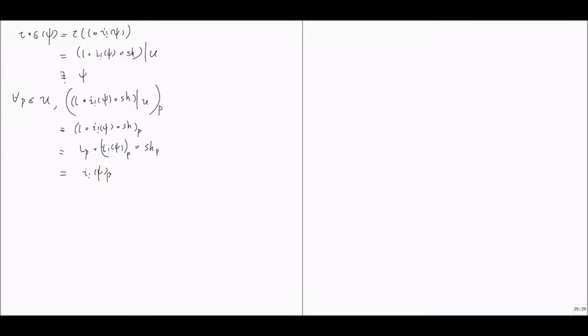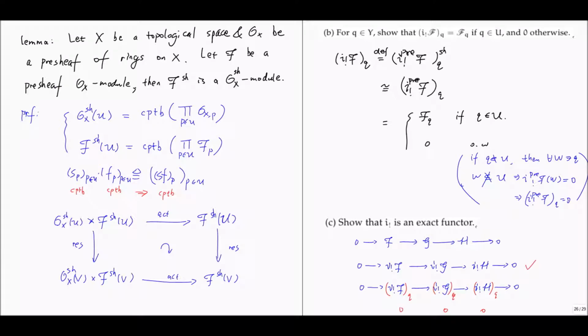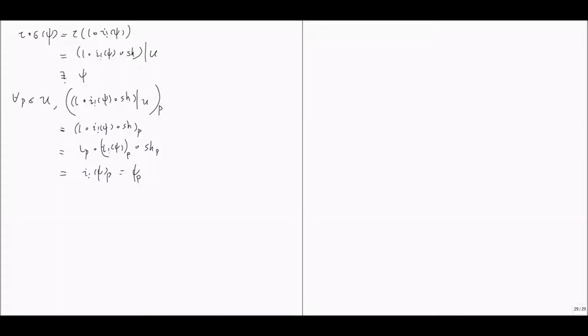But the middle term is equal to psi sub P, because when P is in U, the stalk of a shriek of a sheaf will be the stalk of the sheaf itself by part B of this exercise. So we have verified this equality.